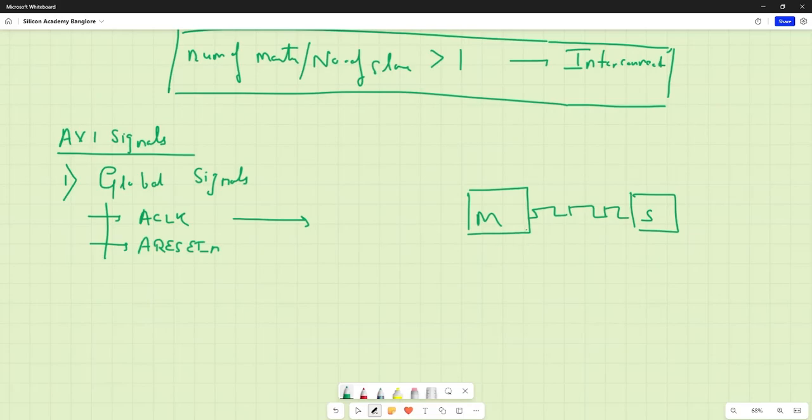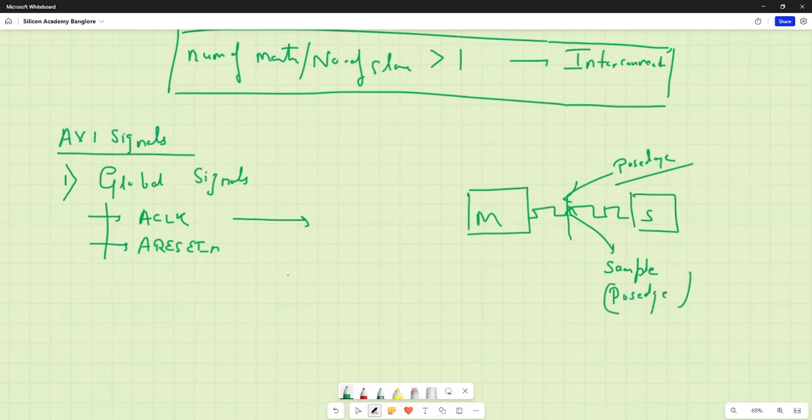Within the AXI protocol, both the master and the slave agree that whoever drives the information will do so at the posedge of the clock, and whoever samples the information, that is, reads it, will also do so at the posedge.